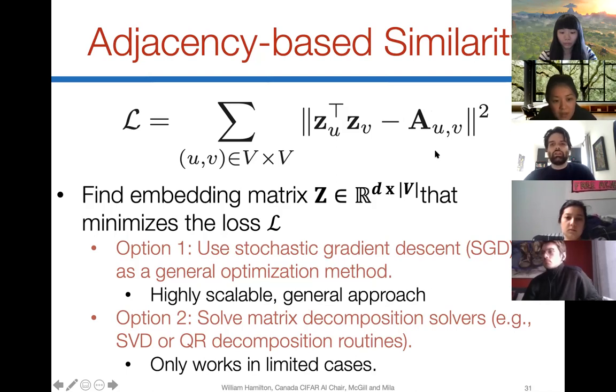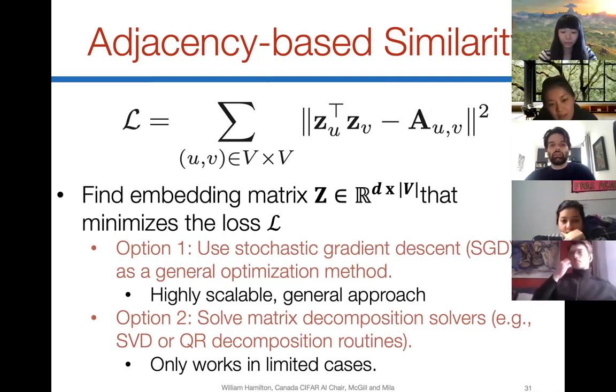So basically, we do an eigen decomposition of our adjacency matrix, and that gives us our node embeddings. So in this special case, we can interpret our learned node embeddings as the principal components of our adjacency matrix.